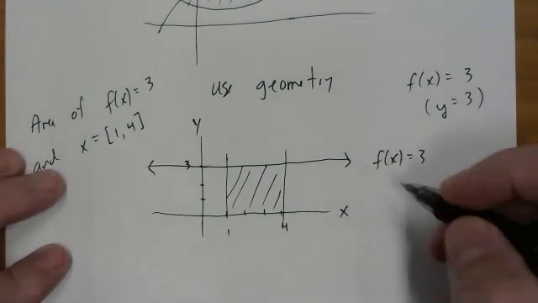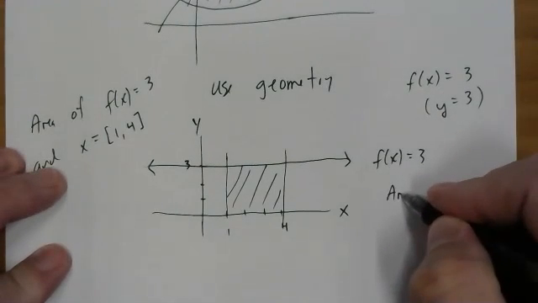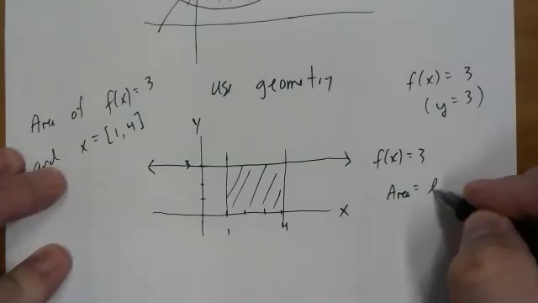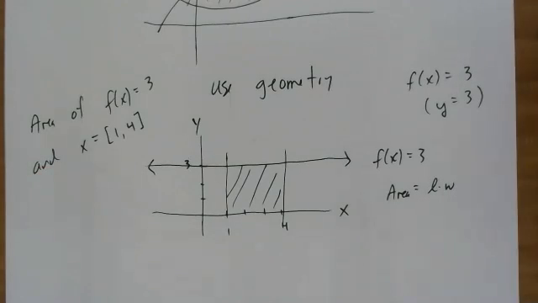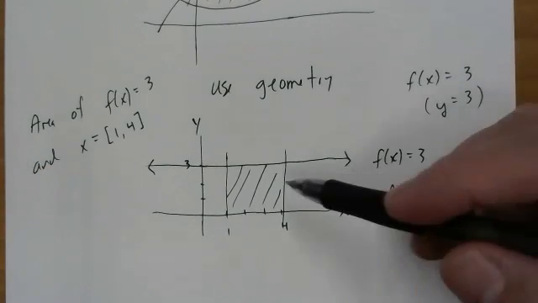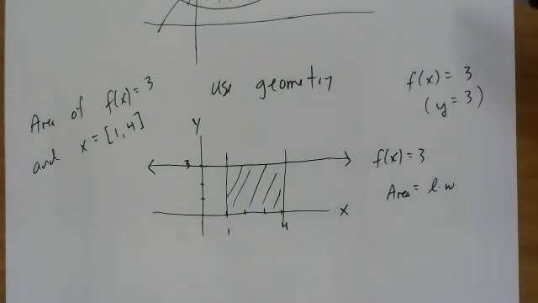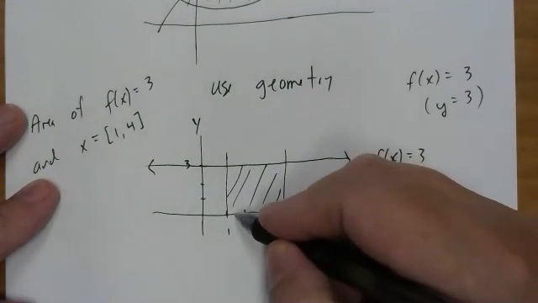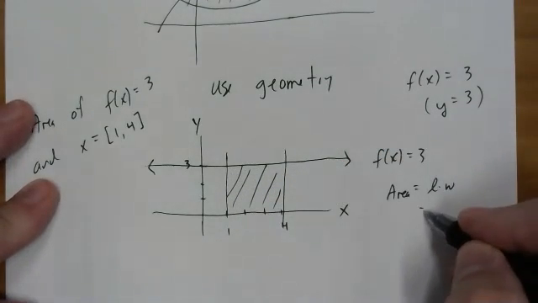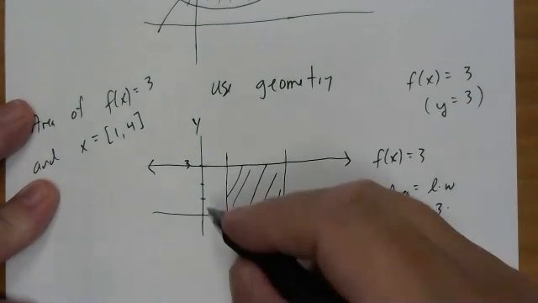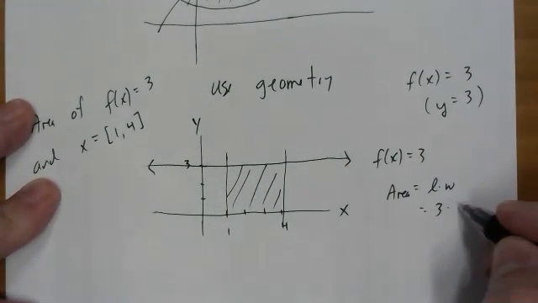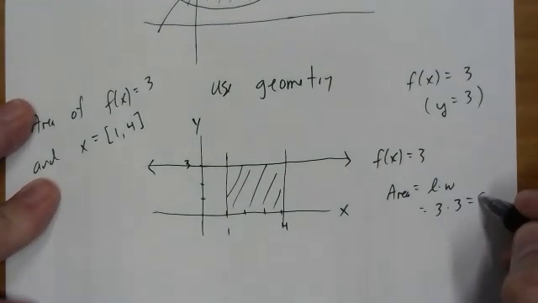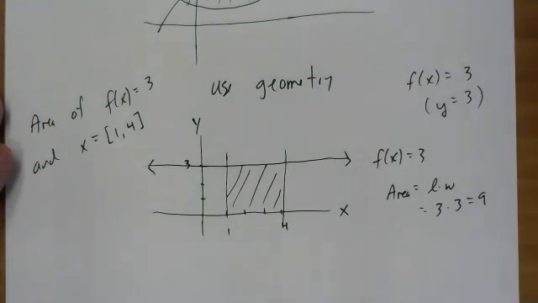But whether it's a rectangle or square, we can use basic geometry to find the area of this rectangle, length times the width. If I call this the length, maybe 3, and maybe I'll call this the width, 3 times 3, this area is 9.